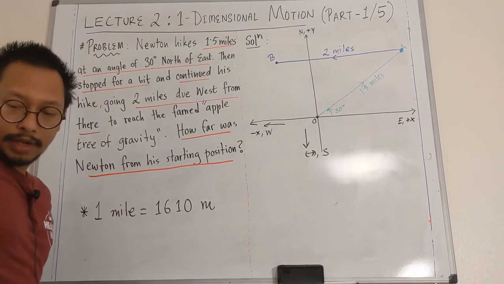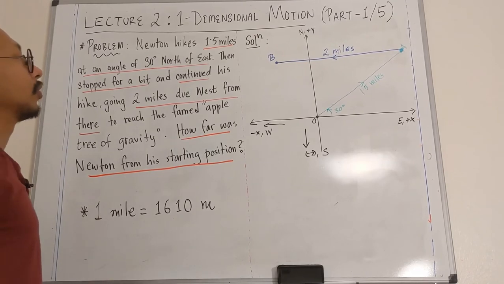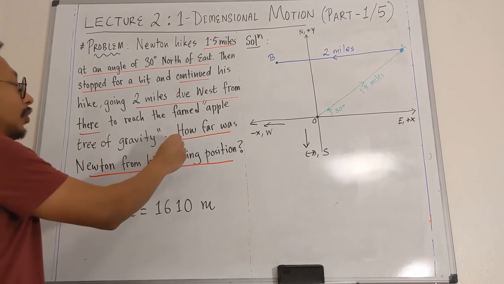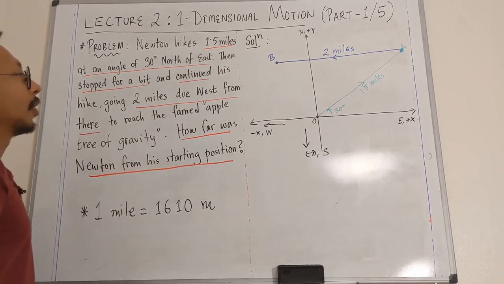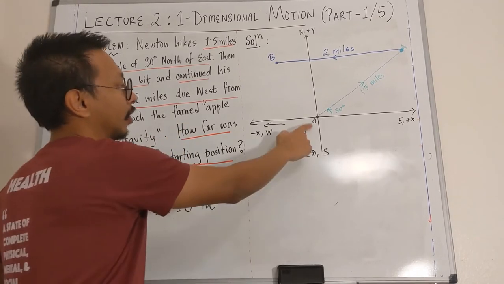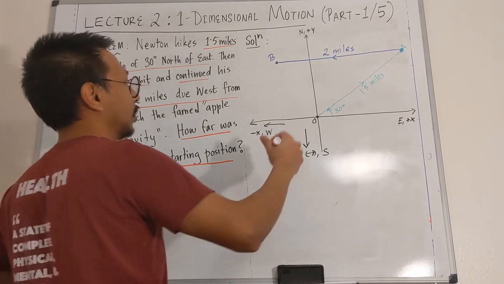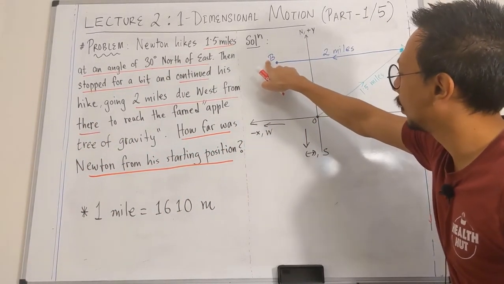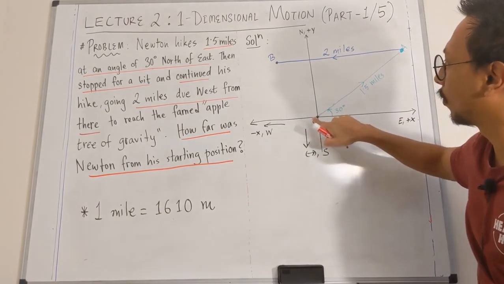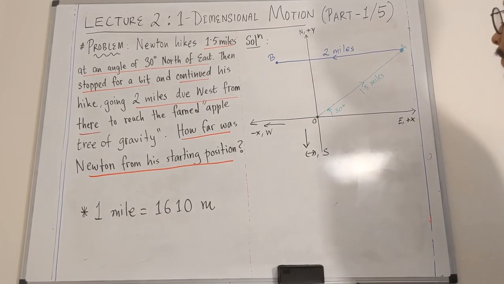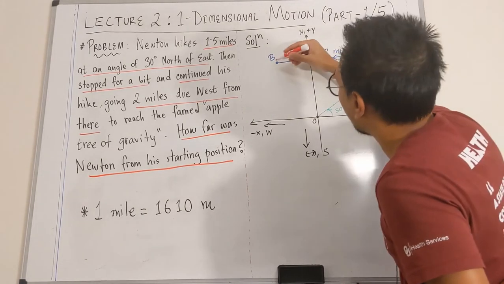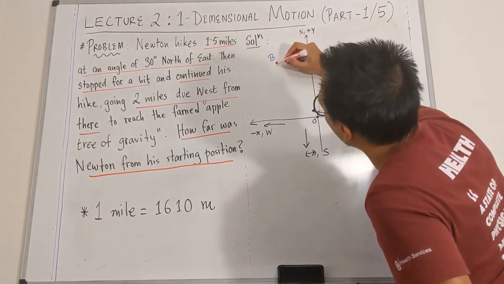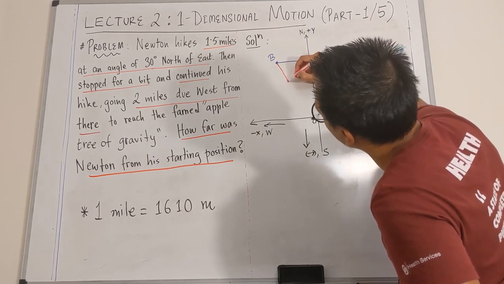All right, then what do we want? So this is his journey. So here we have the apple tree. This is our target. So we want to know how far he was from where he started. He started here. So we want to know what is the distance from the apple tree to O. Actually we want the displacement, sorry, because we want all these to be vectors.